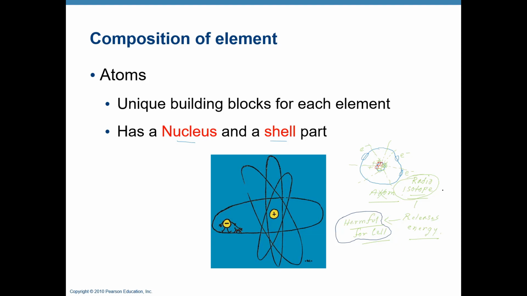We can use the radioisotope to kill abnormal cells of your body, tumor cells or cancer cells. So you have to use it precisely to kill the tumor or cancer cells to treat the patients.